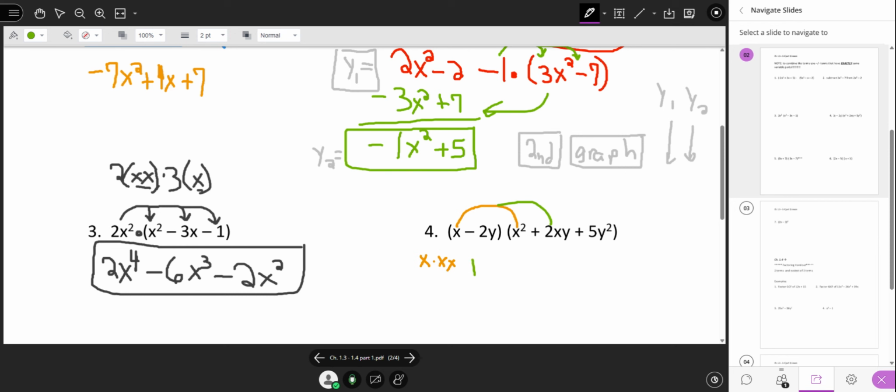That's a plus. I'm going to leave that separate since there's no X here.